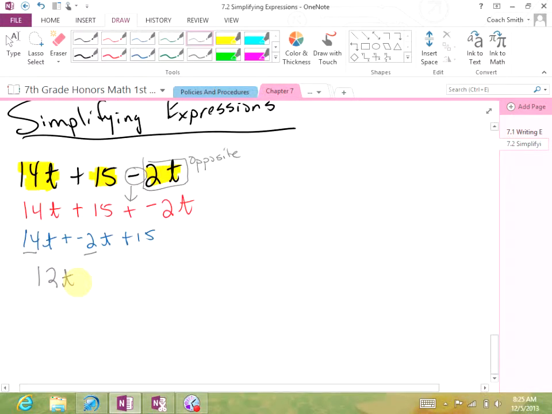It's like the denominator on a fraction. When you add fractions, if I add 1/5 and 2/5 together, it gives me 3/5, not 3/10 or 3/25. Okay? So I have 12t plus 15. Now, this gets back to that. I've got 12 boys, 15 girls. Okay?